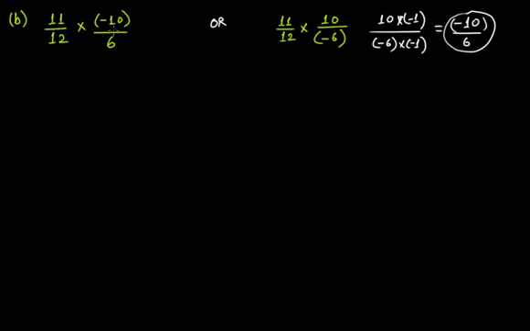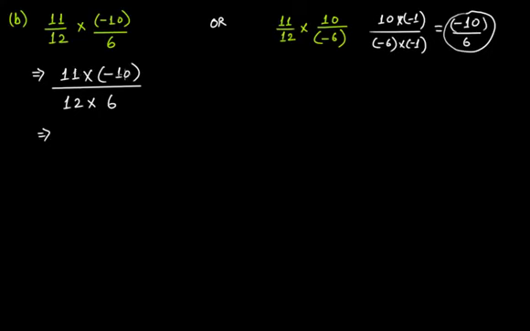Now, in this case, you first multiply both the numerators and then the denominators. So 11 times minus 10, and then 12 times 6. Now, what do you get?